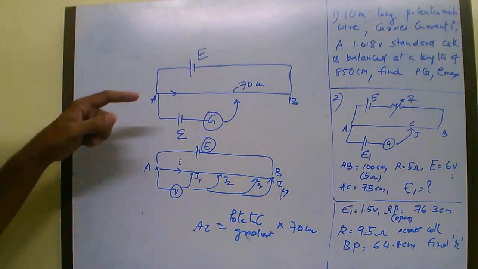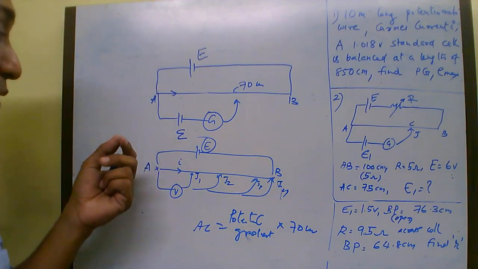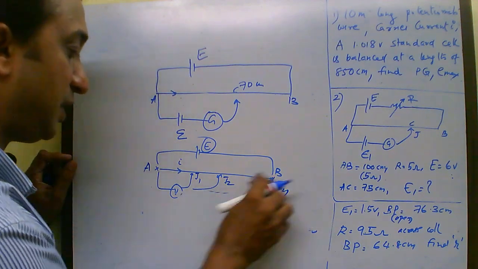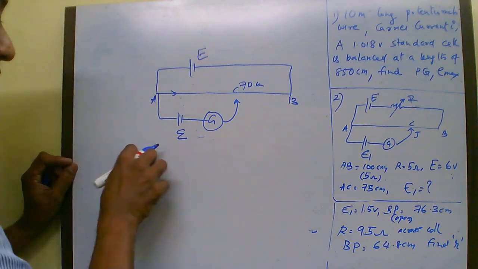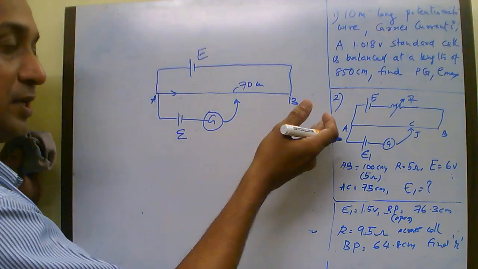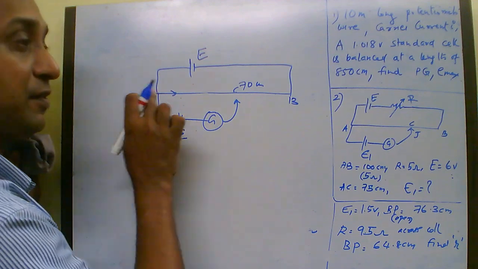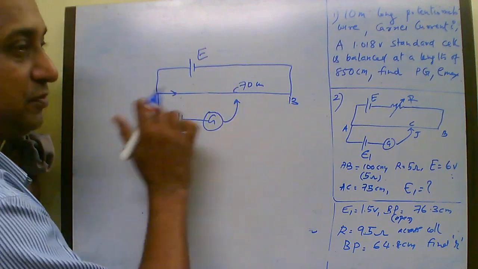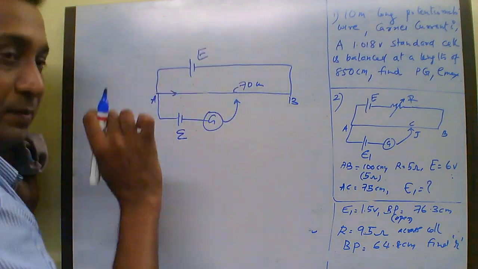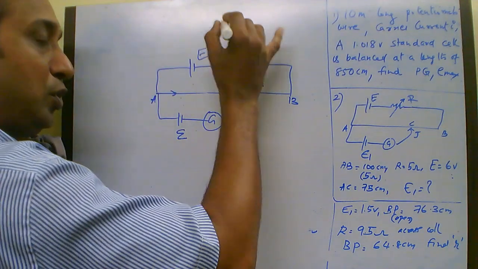Now how can you say that it is equal to the EMF of the cell? Assume a potentiometer circuit will be something like this. You will have a long wire, 1 meter, 5 meters, 10 meters across, and a primary circuit with an EMF whose value is known to you.